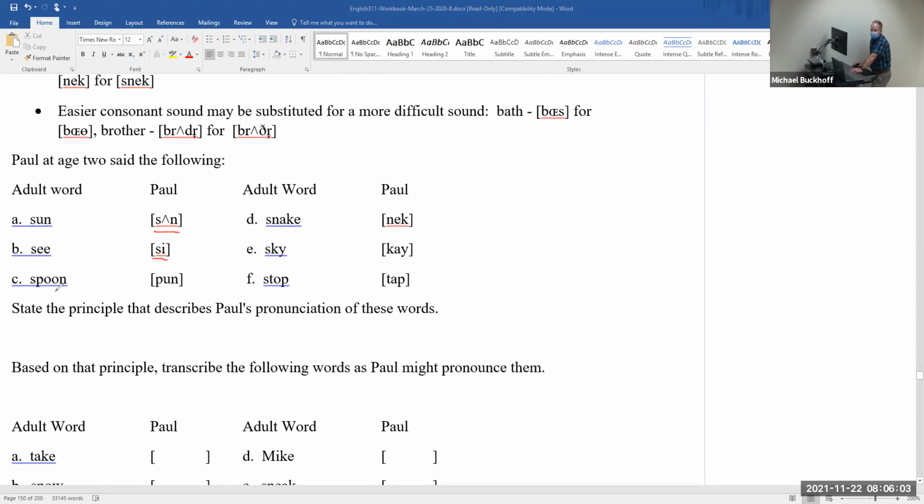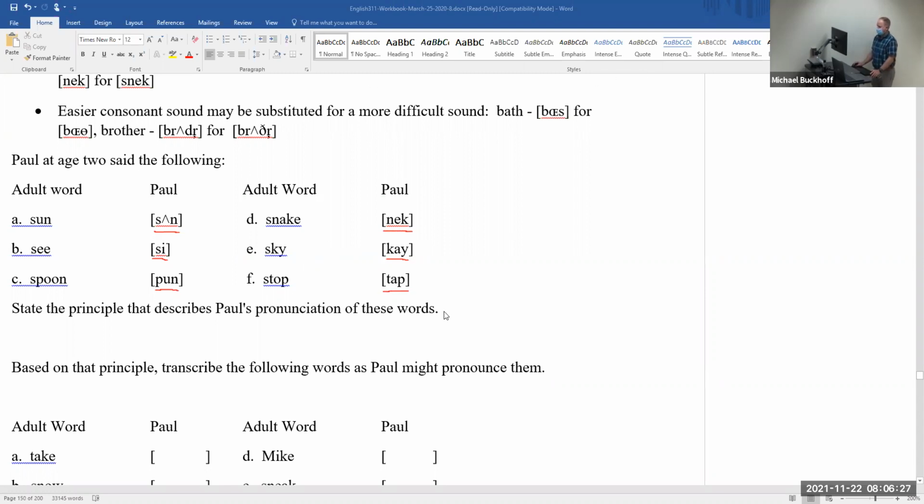For the word spoon, Paul says poon. For the word snake, Paul says nake. For sky, Paul says kai. For stop, Paul says top. That would be what he would do there.